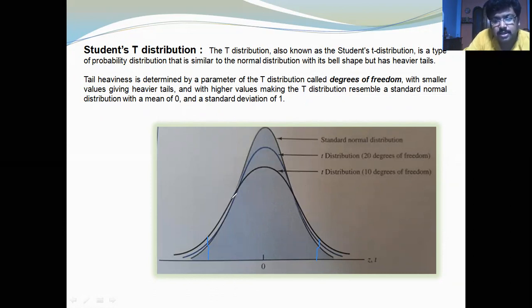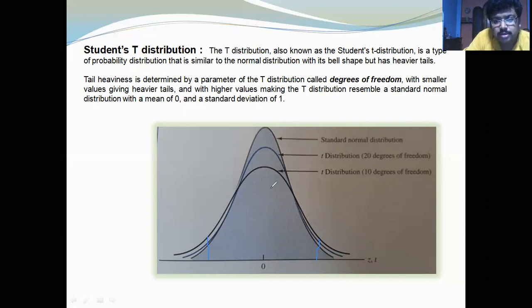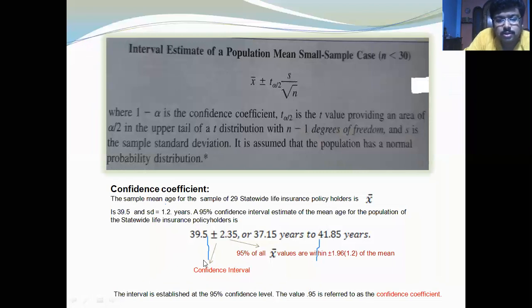Suppose 95% of cases where the sample mean differ from the population mean by 2.73. Suppose look at this, 2.35.